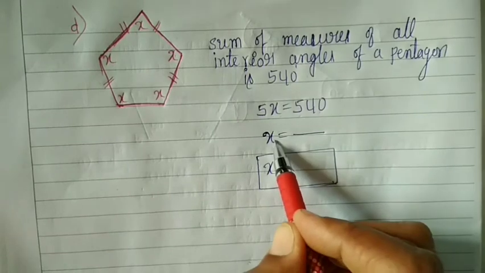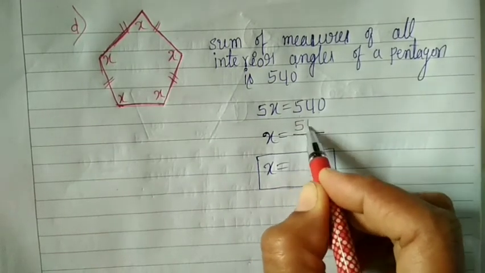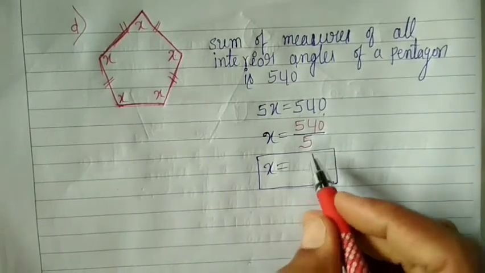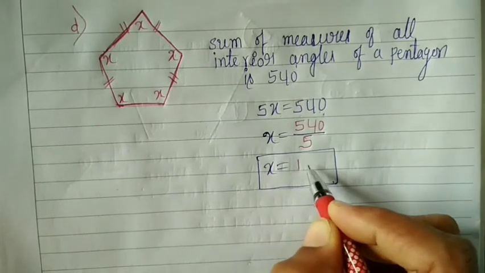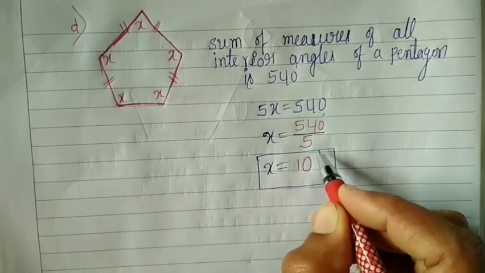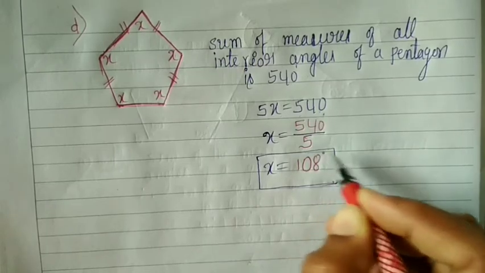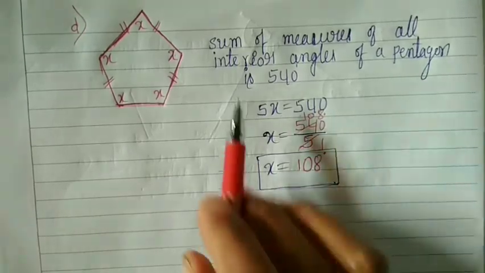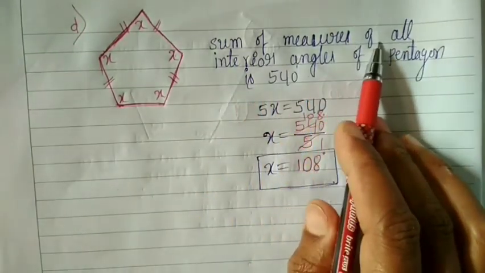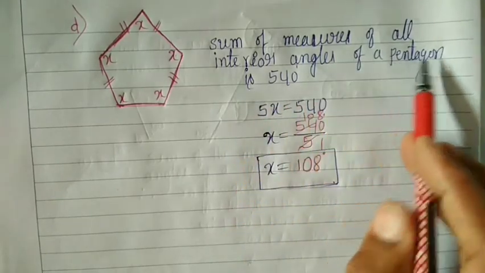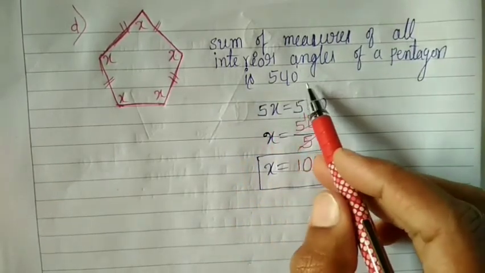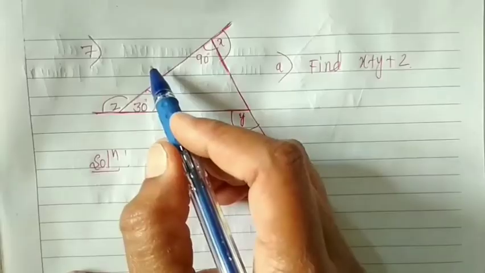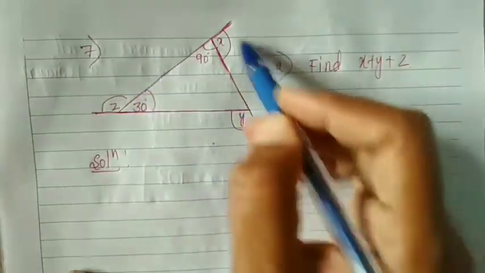Therefore, x is equal to 540 divided by 5. 5 ones are 5, 5 eights are 40. Therefore, the sum of measures of all interior angles of a pentagon is 540 degree and x is equal to 108 degree.